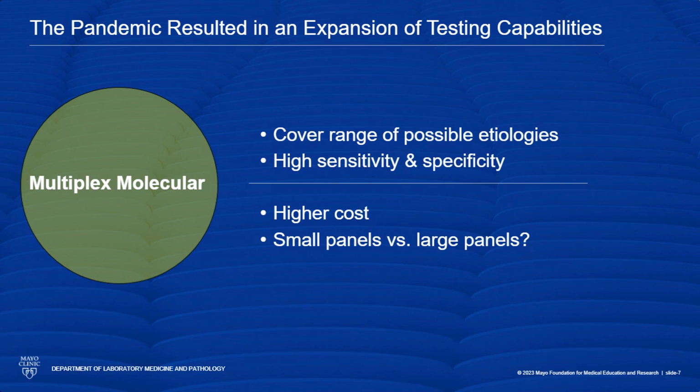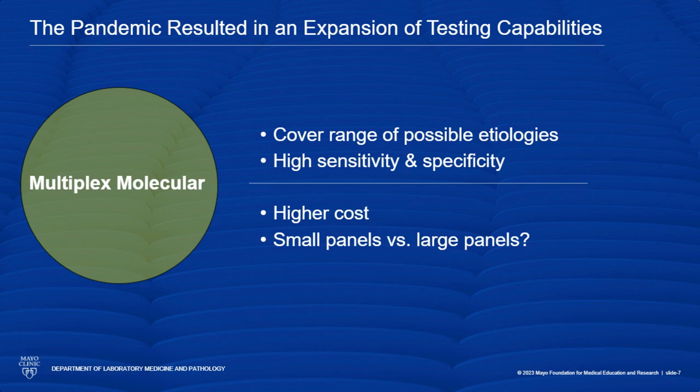They generally offer very high sensitivity and specificity, but we know that they come at a higher cost, which makes diagnostic stewardship an important conversation, as well as decisions around when to use smaller multiplex panels, such as those that have 3, maybe 5 targets, or those that are larger panels with 15 to 20 targets. And we'll talk about the different patient populations where those might be most appropriate as we proceed in the presentation.